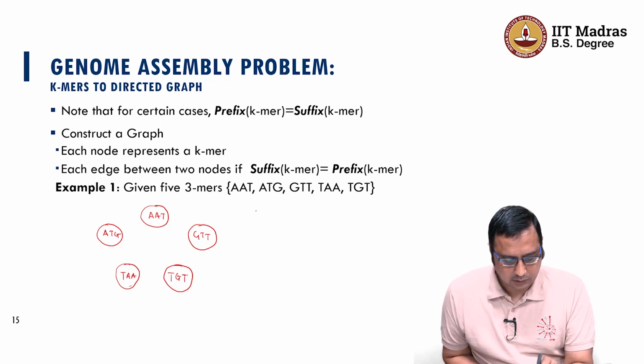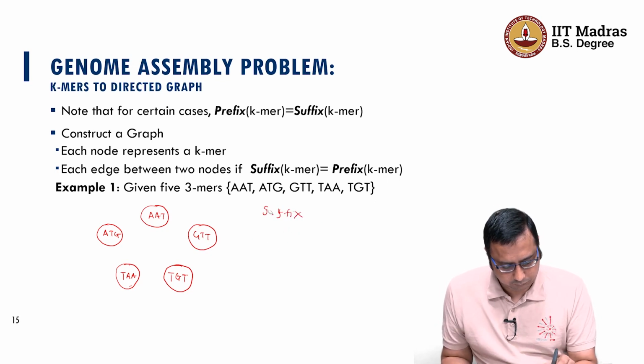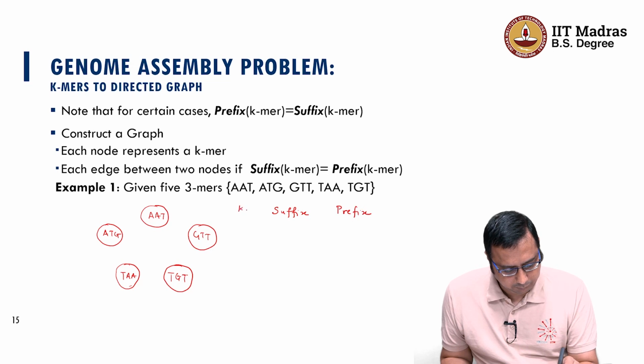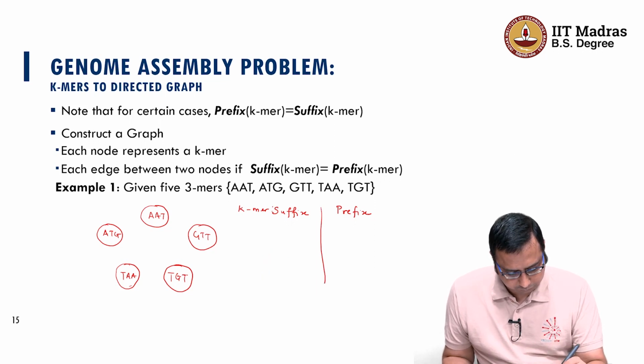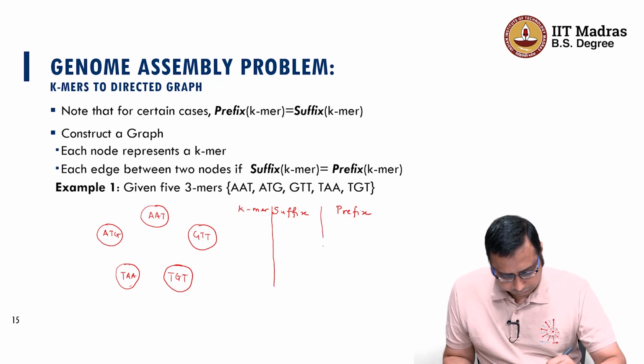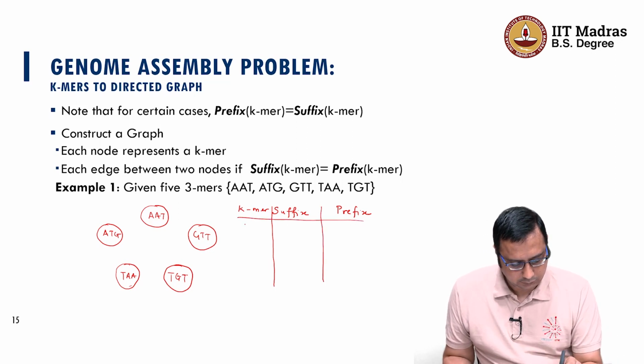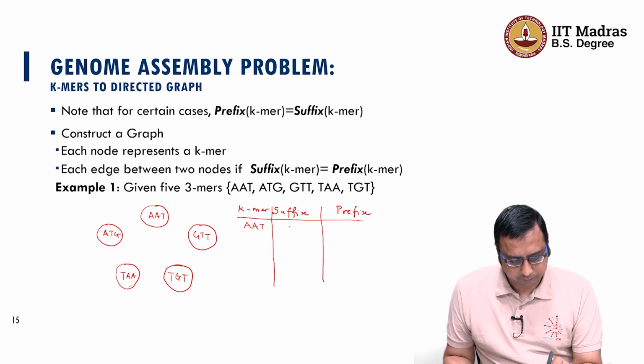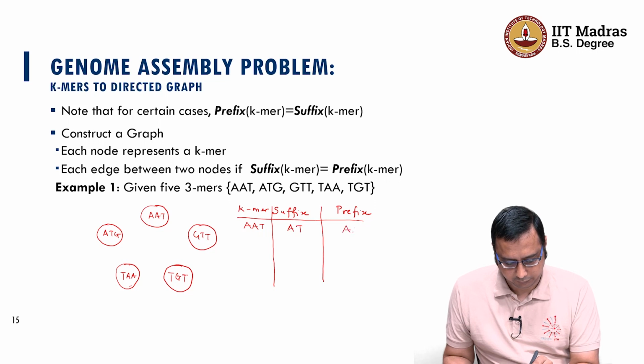For example, for AAT, the suffix will be AT, and the prefix will be AA.